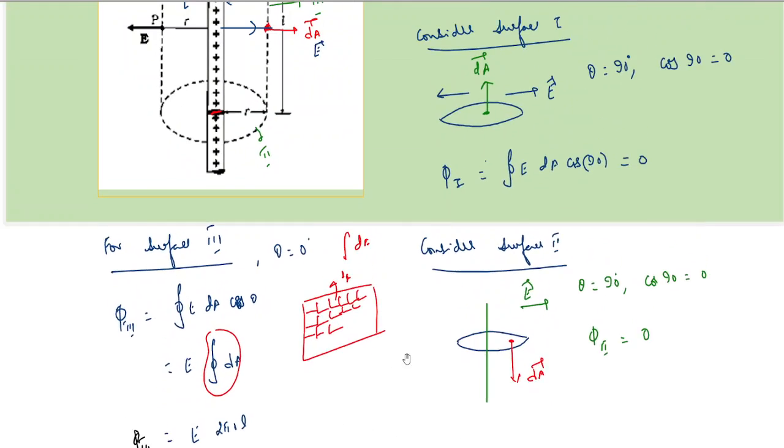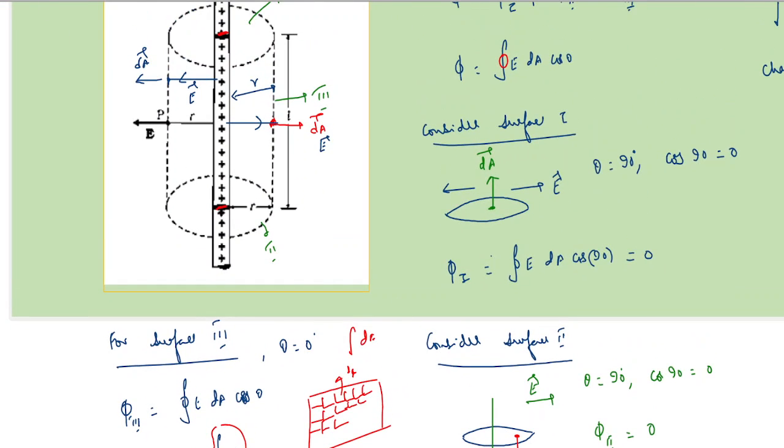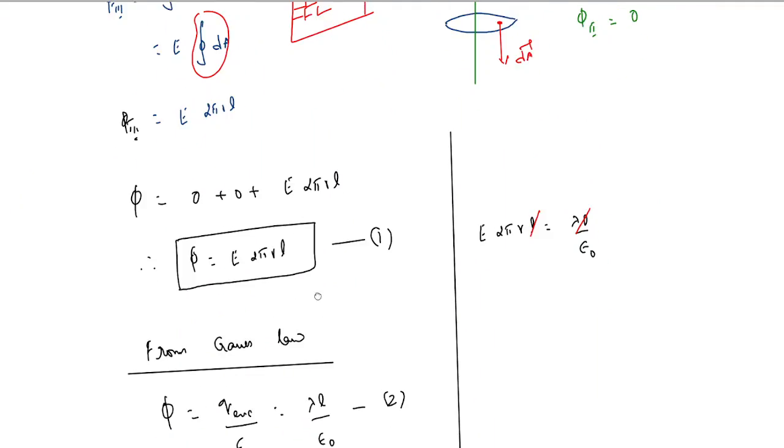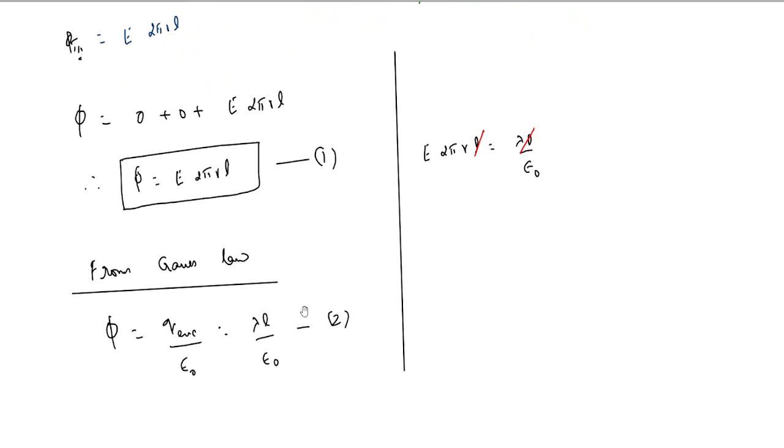Imagine somebody had taken a smaller cylinder; the field at this point shouldn't change. That's the reason L gets cancelled, because the electric field at that point shouldn't depend on the length of the Gaussian surface. We studied this in the theory part.